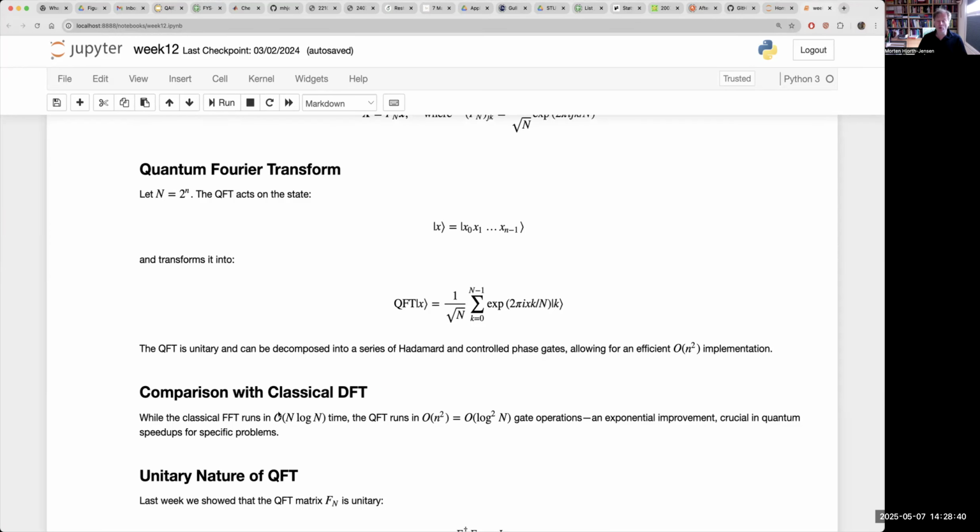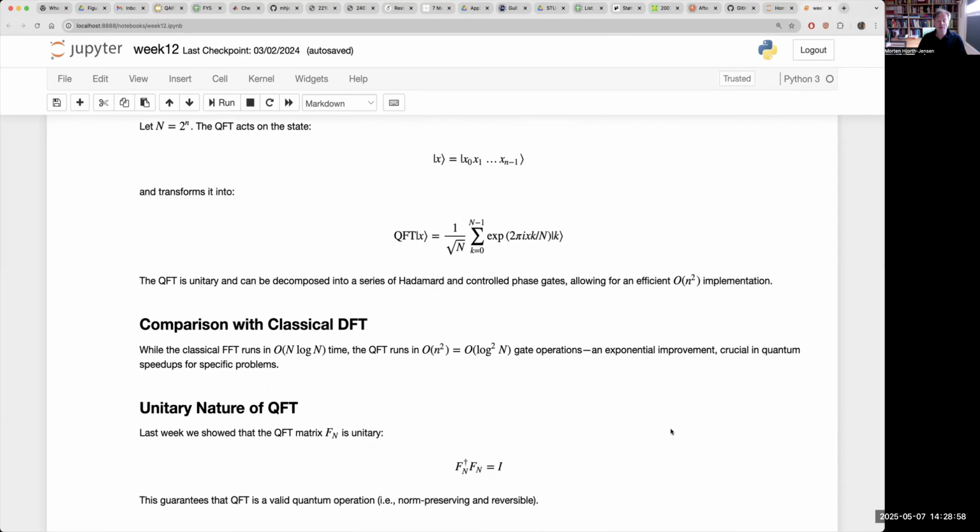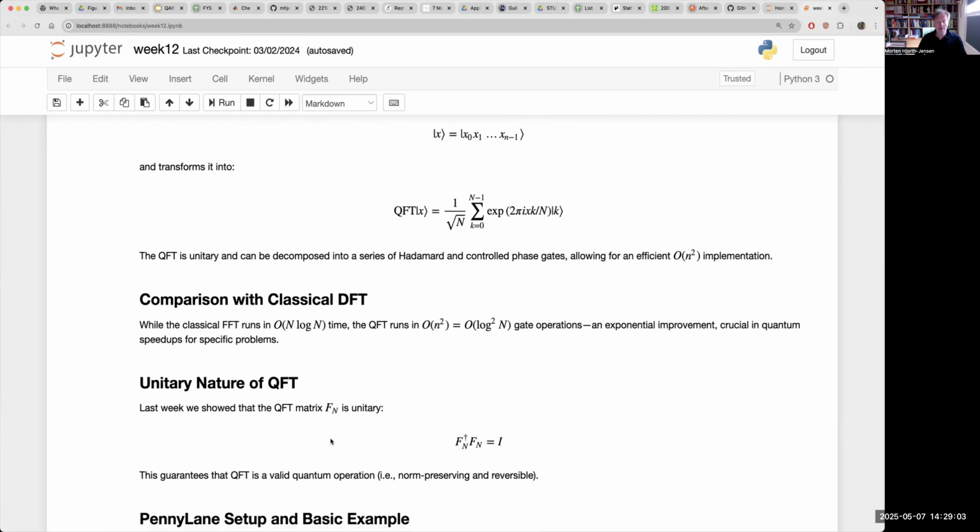This is a typical number of floating point operations, whereas the QFT would run like n squared, which gives us a much smaller number of gate operations. And that's a clear improvement compared with the classical algorithms. These matrices, as we discussed last time as well, are unitary, and last time we actually proved that. That guarantees that the QFT is a valid quantum operation, it preserves norm, and it is reversible.